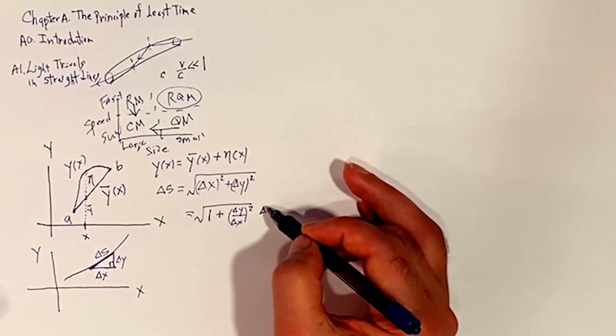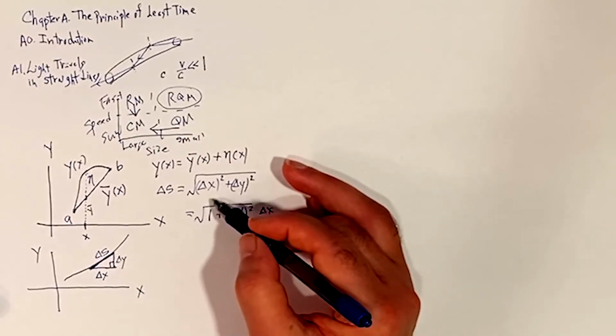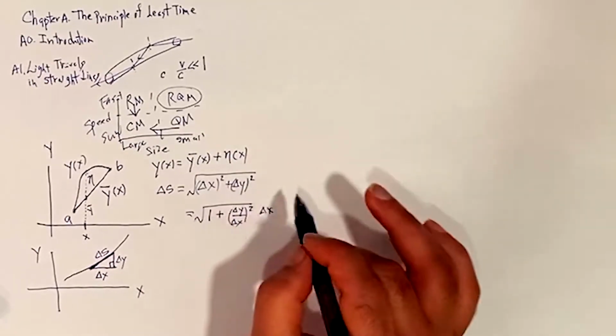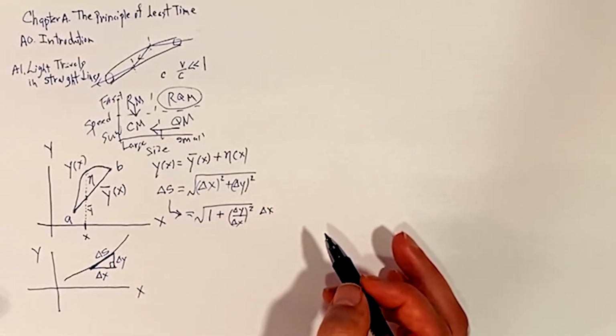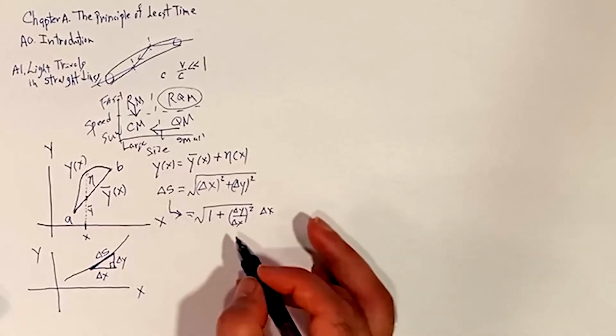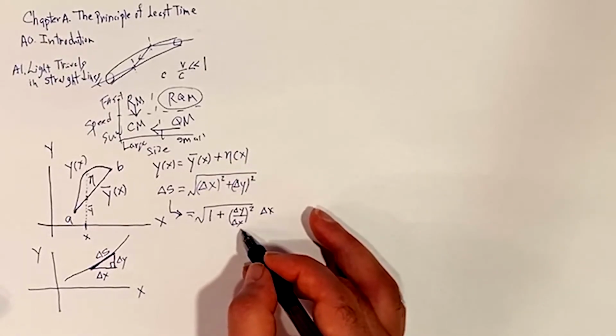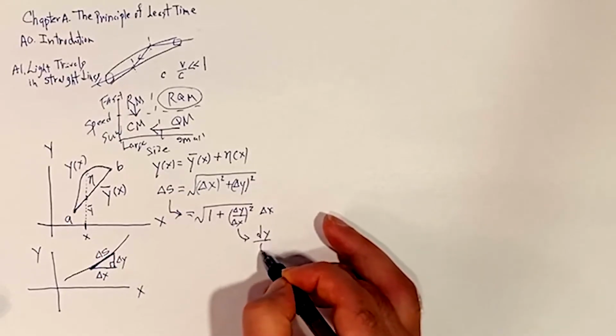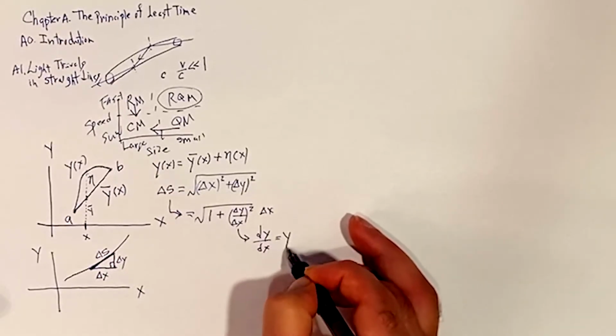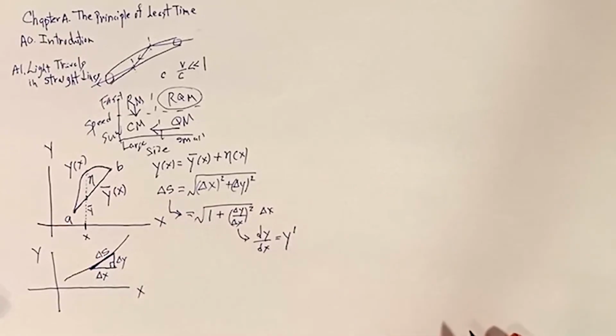And when delta x squared hits that 1, you get a delta x squared. So these are the same, the differential arc length. Now in the limit as delta x goes to 0, this is dy dx, your derivative, often just given as y prime.